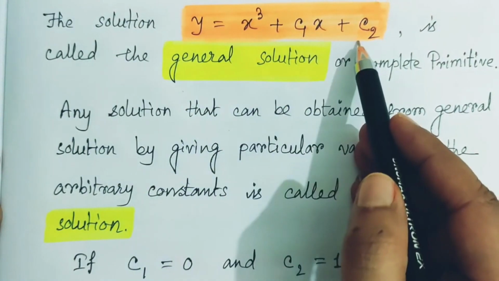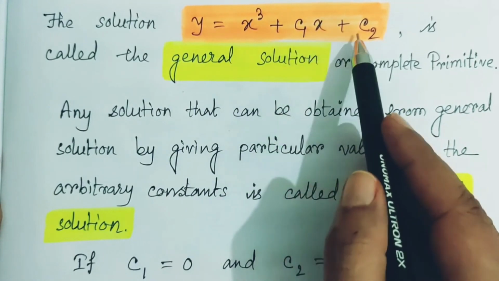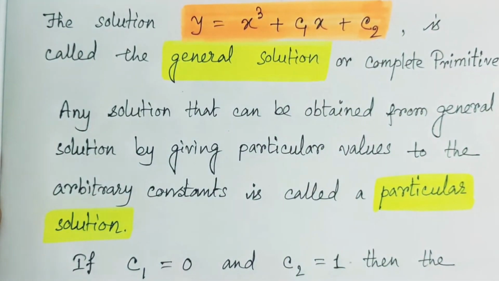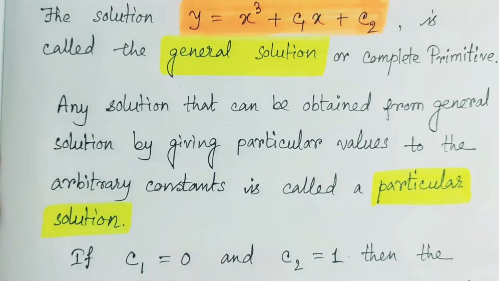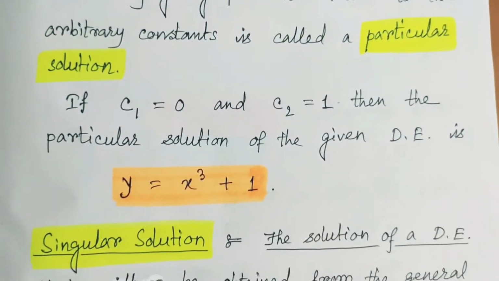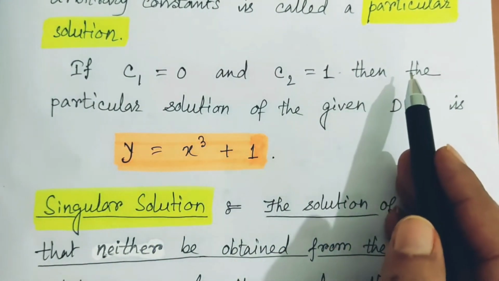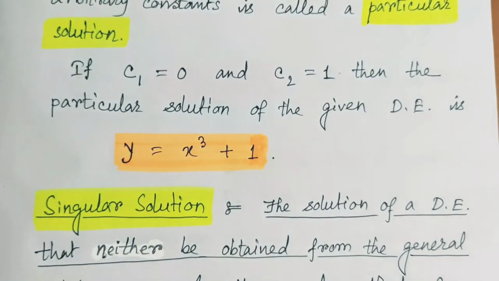In this general solution, if we put some values to these arbitrary constants, then the answer we find is our particular solution. That means for particular values of c1 and c2, we generate a particular solution. If we substitute c1 as 0 and c2 as 1 in the given equation, then we generate y is equal to x cube plus 1, which is the particular solution for c1 equal to 0 and c2 equal to 1.